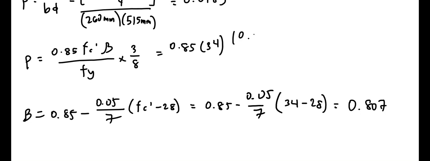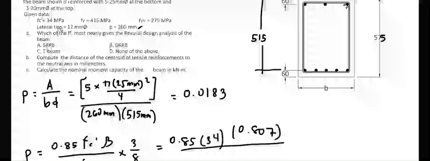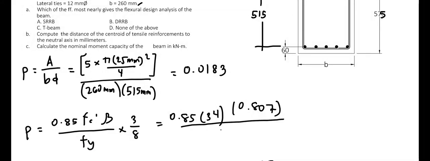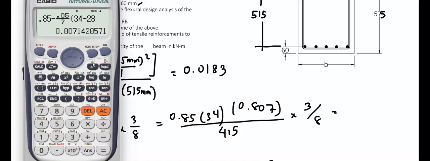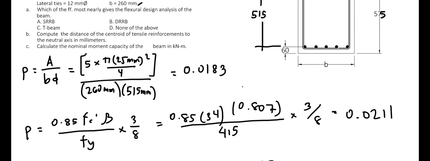This is our beta. So solving for rho, we have Fy equals 415, then times 3 over 8. We can now solve for the maximum steel ratio. It has a value of 0.0211. This is our maximum steel ratio.